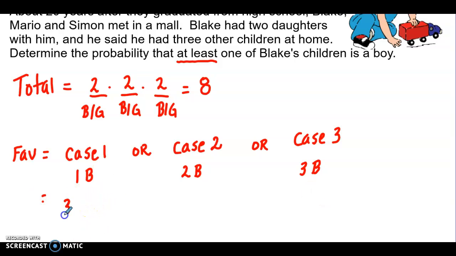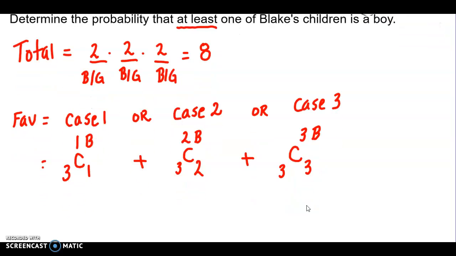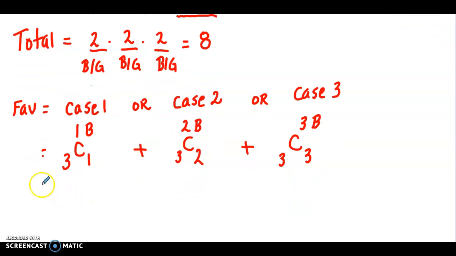So again, of the 3 children, choosing 1, or of the 3 children, there are 2 boys, or of the 3 children, there are 3 boys. So we have 3 plus 3 plus 1. There are 7 favorable outcomes.